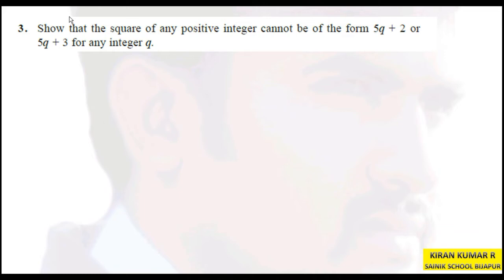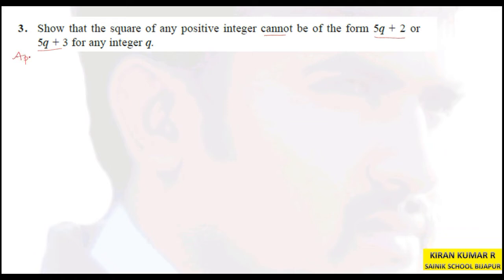Let us solve question 3. In question 3, we are asked to show that the square of any positive integer, very important, cannot be of the form 5q plus 2 or 5q plus 3 for some integer q. We shall solve the question using the same previous method.